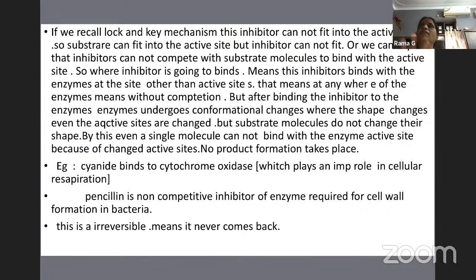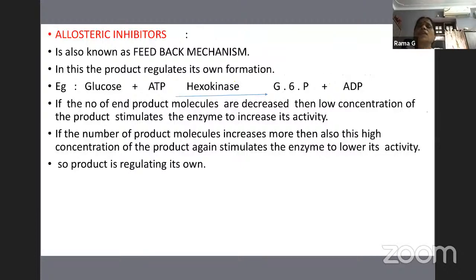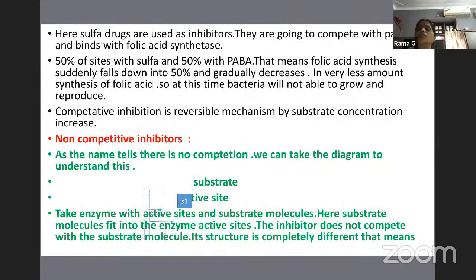It never comes back to give the starting material, the substrate molecules. So in non-competitive inhibitors, the reaction will gradually decrease or sometimes be completely stopped. That means no end product formation takes place.